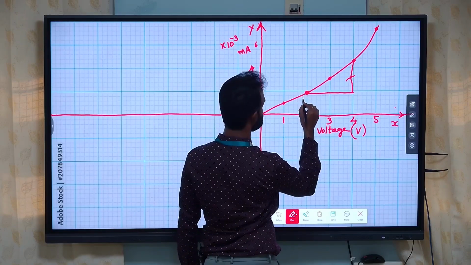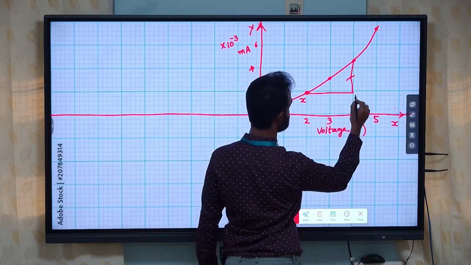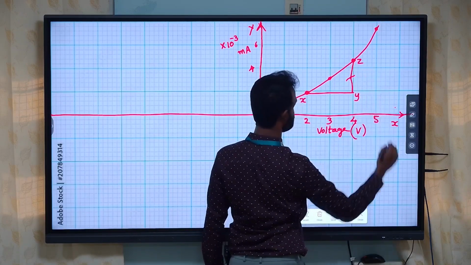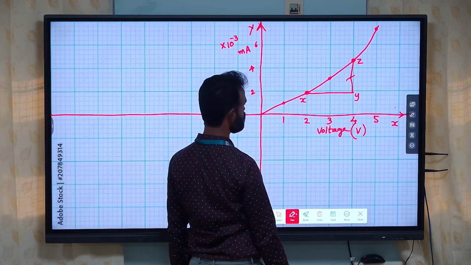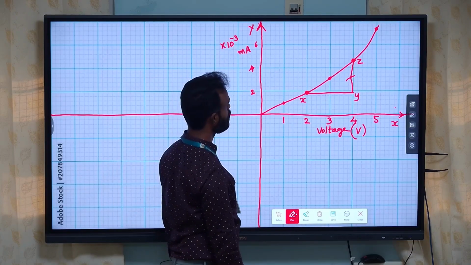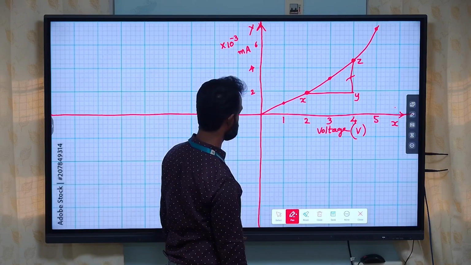For the slope, this is x, this is y, and this point will be z. Okay, and from this we can calculate the resistance for the PN junction diode.